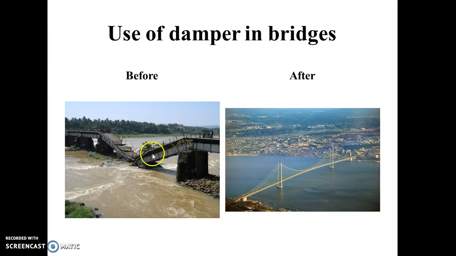Let's see the dampers in bridges. Before this technology was involved, without dampers, bridges were being broken by wind forces acting on them and flood situations. But in recent years, with the development of technology, bridges are created with new technology.